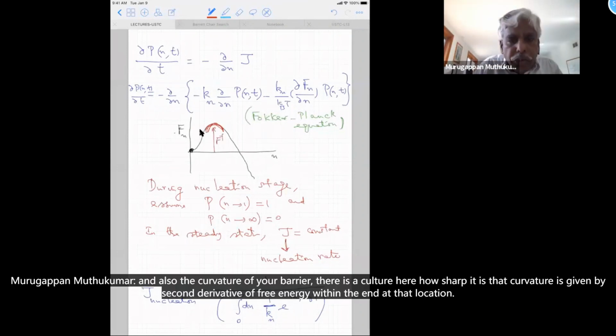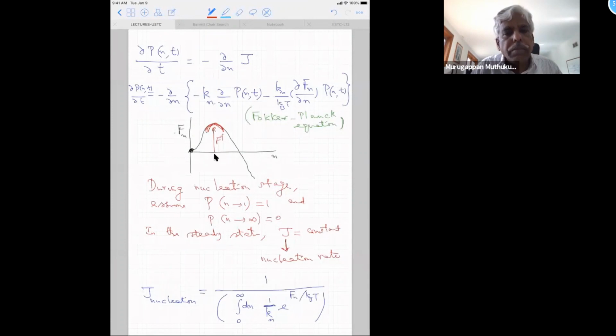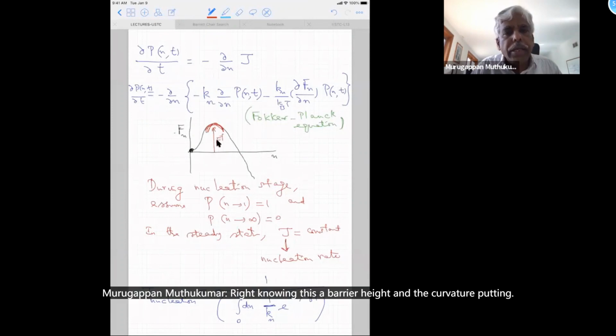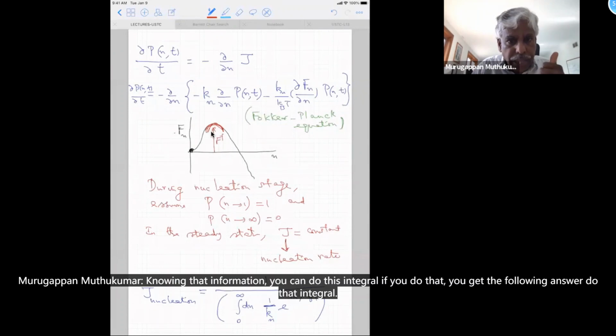And also the curvature of your barrier. There is a curvature here, how sharp it is. That curvature is given by the second derivative of free energy with respect to n at that location. Knowing this barrier height and the curvature, you can do this integral.